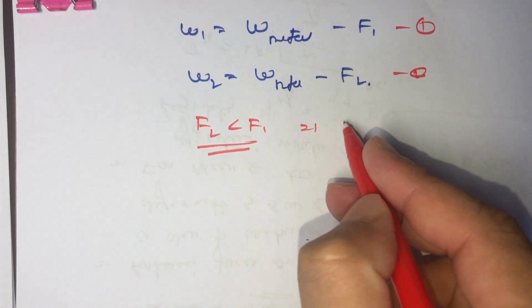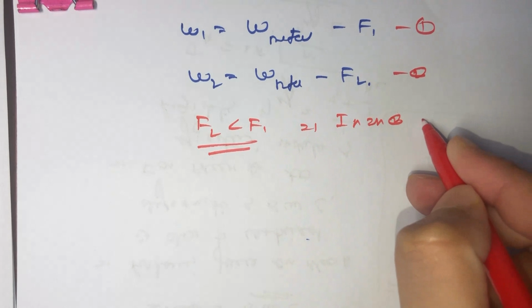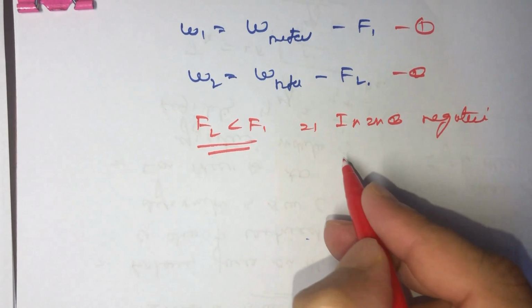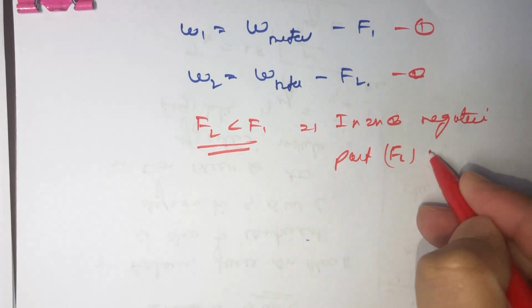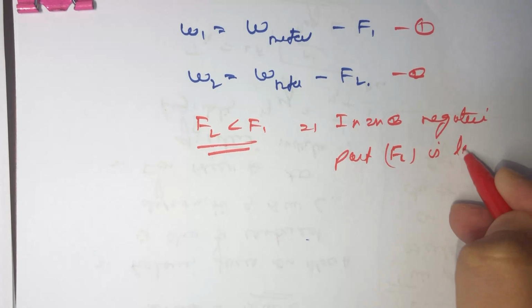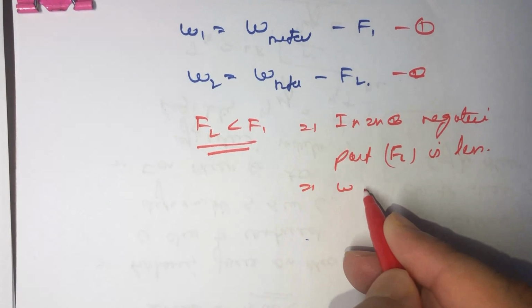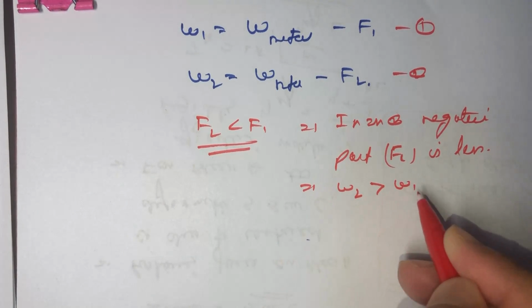From here you can say in equation 2, the negative part, that is F2, is less. Therefore, you can say W2 is greater than W1.